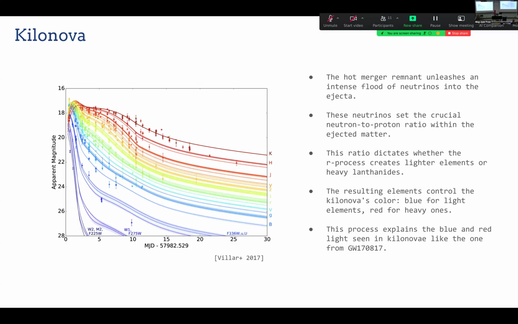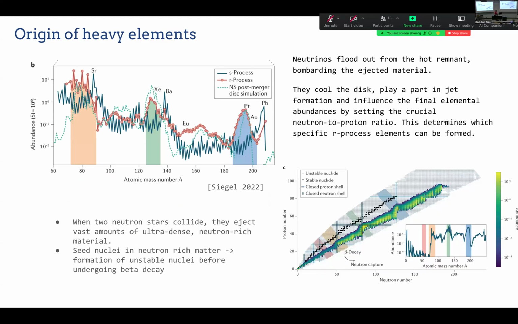The composition of the ejecta determines what color you see in the kilonova. This process explains the blue and the red light seen in the kilonova, like the one from GW170817. Besides this, we would also be interested in understanding where this stuff comes from, especially the origin of heavy elements.